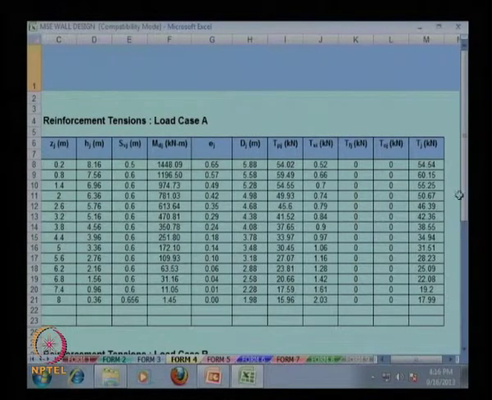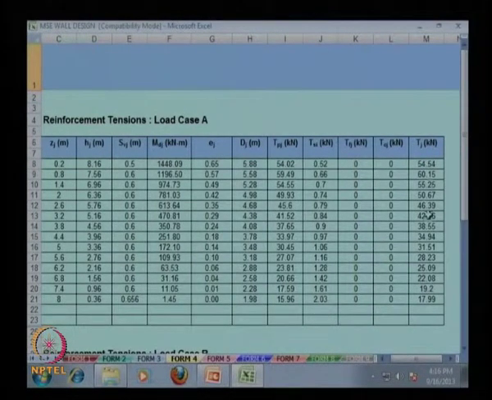So you can calculate what is Tj, that means the total tensile force. So for the load case A, the total tensile force at different depth you can calculate.